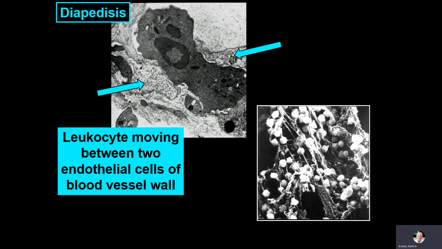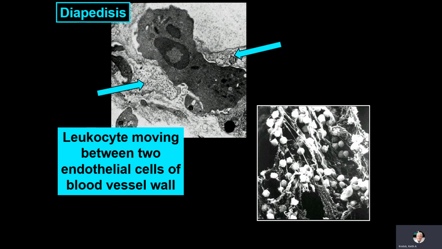This is just to remind me that although I keep talking about a single cell at a time, here's a leukocyte doing this or whatever, the fact is this is happening, it's influencing the behavior of thousands, maybe tens of thousands, maybe even hundreds of thousands of leukocytes all at the same time that come marching through these blood vessels in a parade all the way to wherever the infection is.